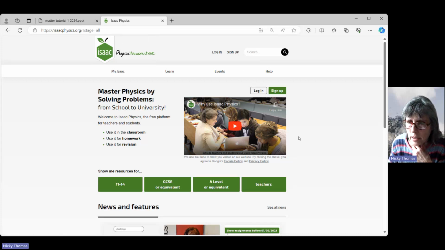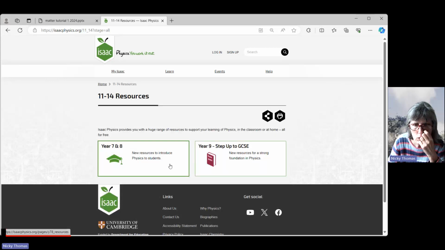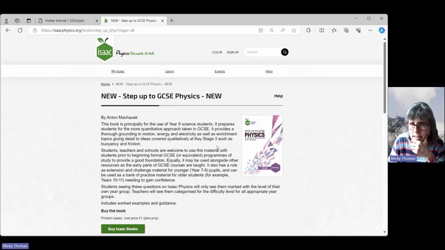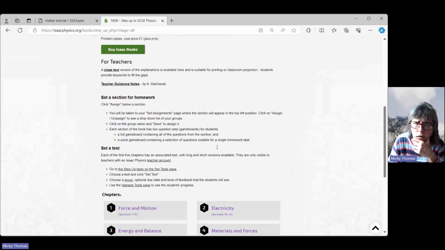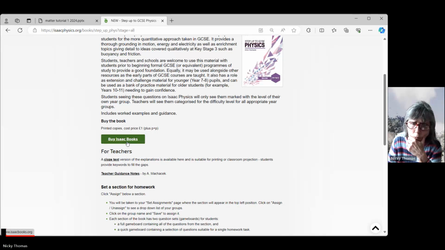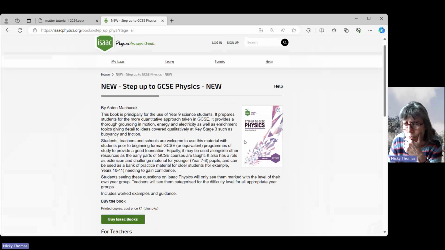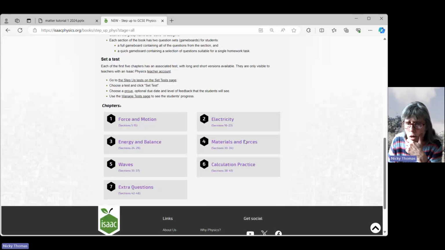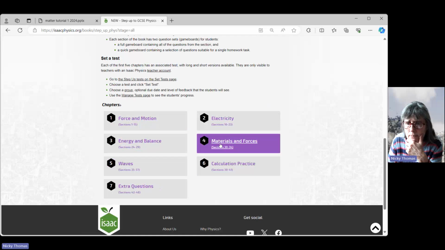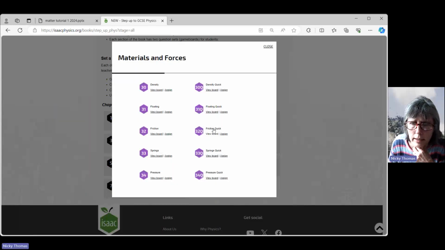We're going to look at some of the quizzes. They've arranged them by age, so 11 to 14-year-olds, step up to GCSEs, that's suitable for year 9. We've got some questions which have come out of a textbook, which are nice, routine questions.